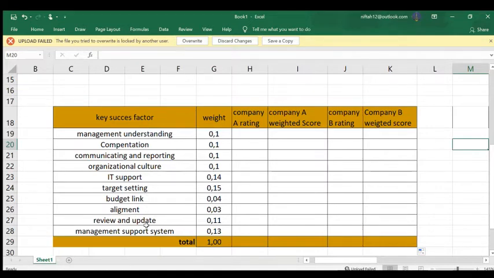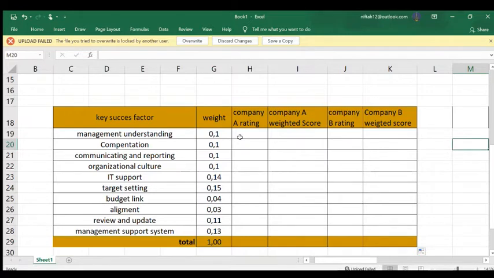You can choose up to 10 key success factors and give them weights. The weight is from 0.0 to 1.0. The higher the number, the more important the key success factor. And the total of the weights must be 1.0.